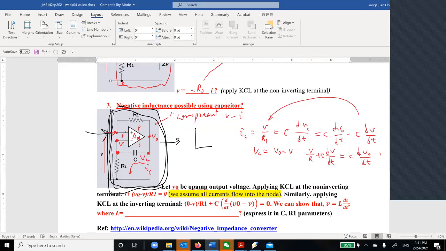So this is my first equation. I established how to express V in terms of the V0 and V relationship.